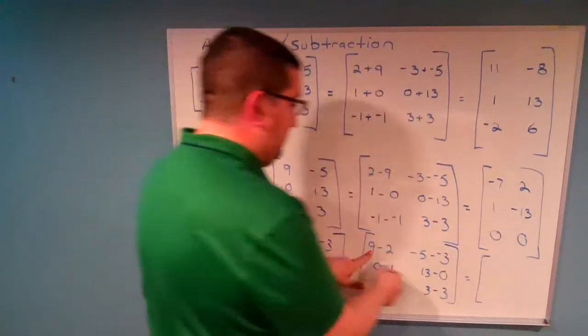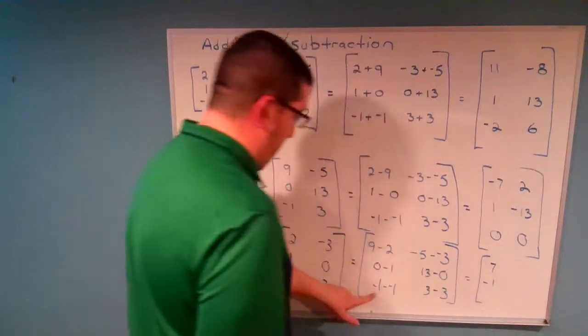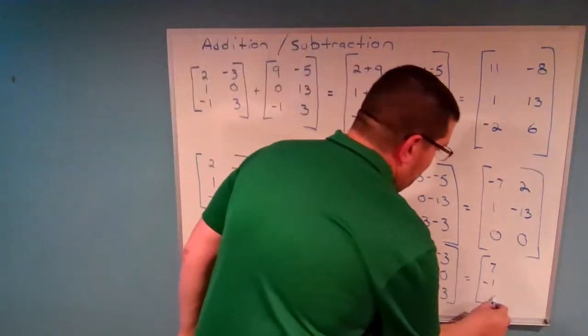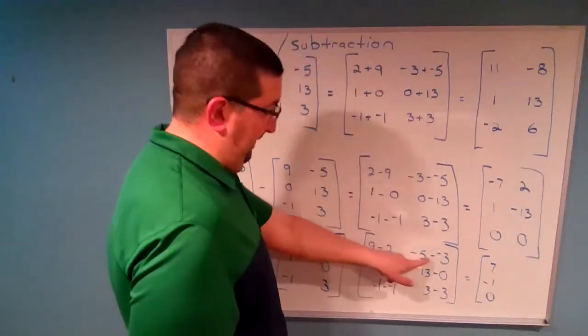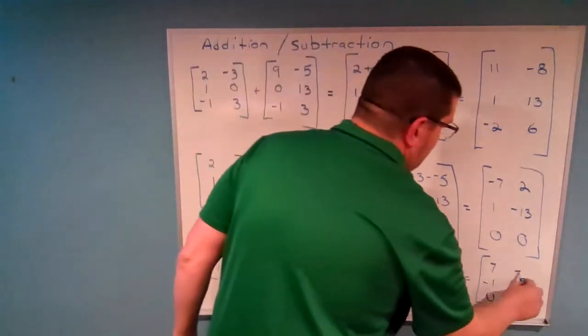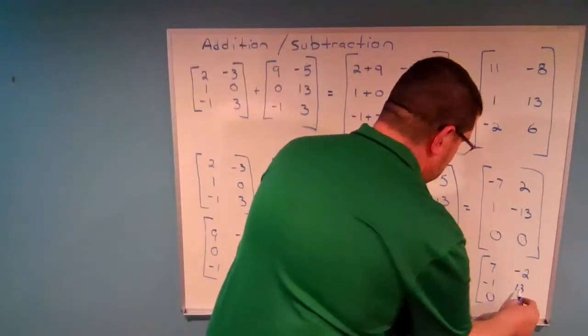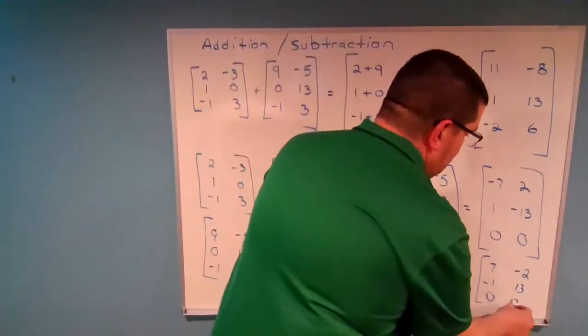So 9 minus 2 would be 7, 0 minus 1 is negative 1, negative 1 minus negative 1 would be 0, negative 5 minus negative 3, that would be negative 5 plus 3, which would be negative 2, 13 minus 0 would be 13, and 3 minus 3 is still 0.